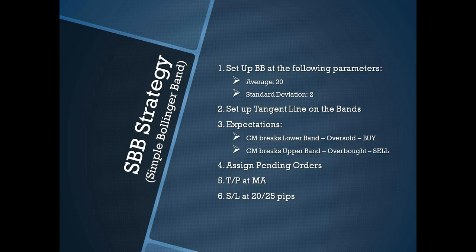Now, first of all, we need to set up our Bollinger Band with the following parameters. When you assign the Bollinger Band, you will have one standard deviation and one average. So the average is 20 and the standard deviation is 2.